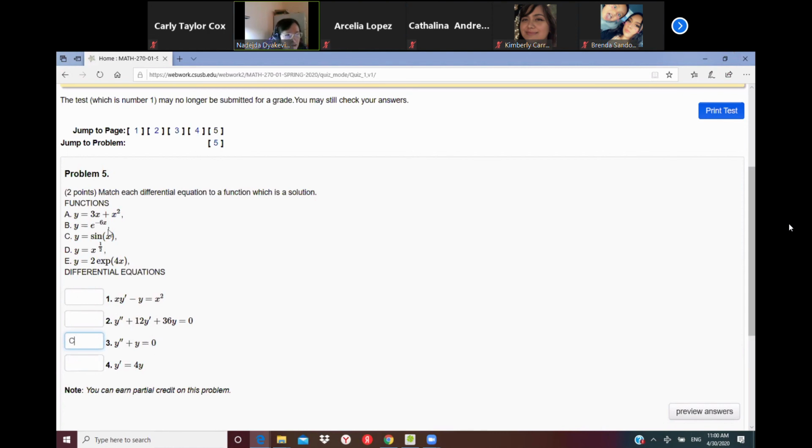What else? Let's see, what else is here? E. I will try E. I think E is a very convenient function because derivative of E, well, we have to use the chain rule here. So let me copy that one. So let's try y equals e to the negative 6x. I'm going to take the derivative of this.